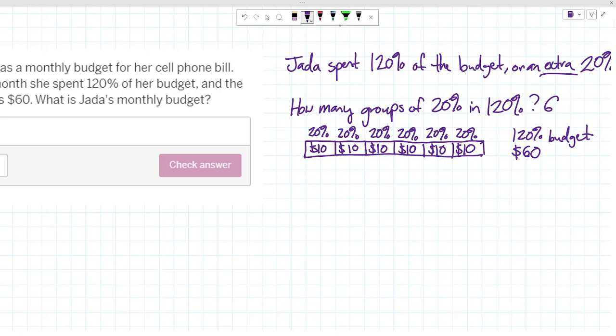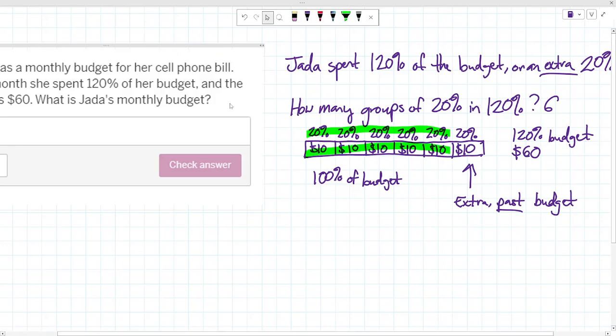So to figure out what Jada's monthly budget was, we should look at what's 100% of her budget. So 100% would be this much. So that's 100% of the budget. And then this extra part to the side, that's extra, or past the budget.